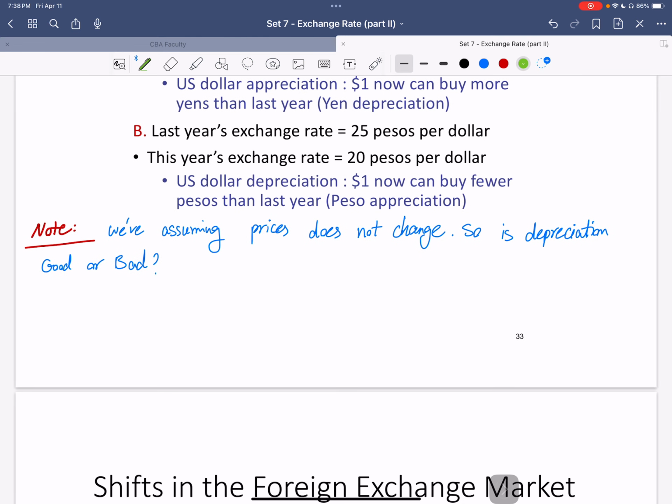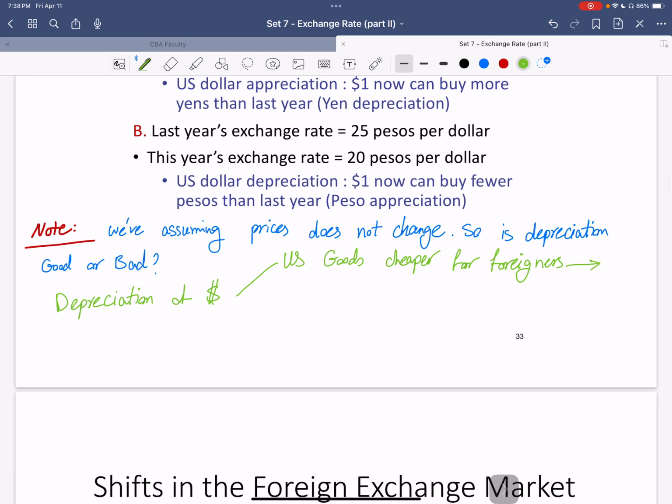So depreciation of the dollar means that US goods are cheaper. We earlier discussed this for foreigners.